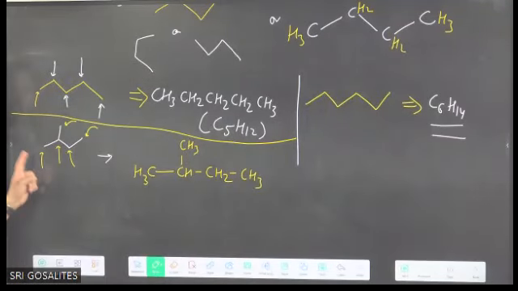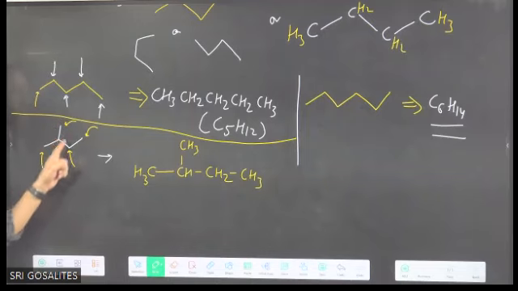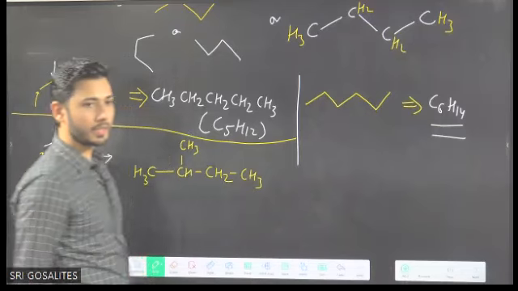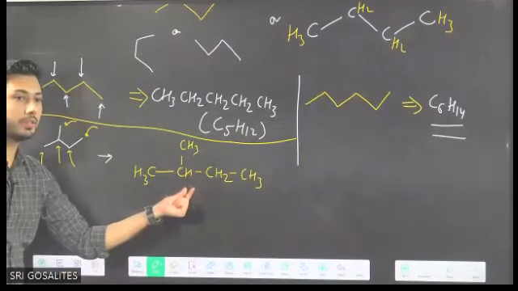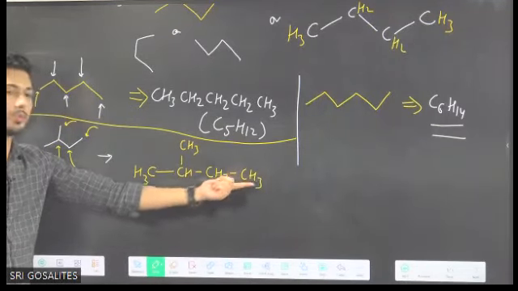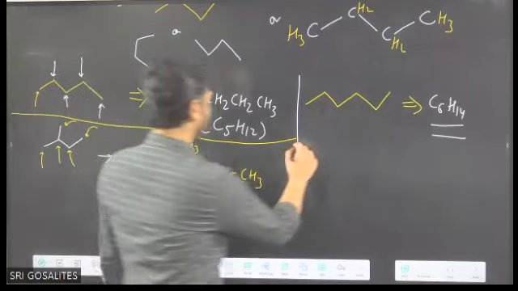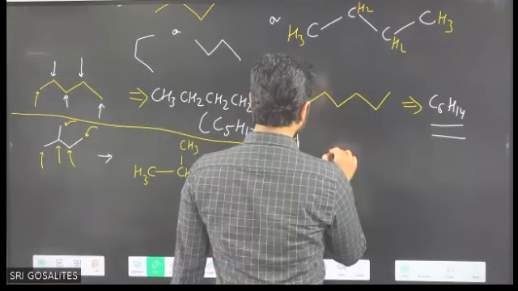Total 5. 1, 2, 3, 4, 5. Very good. CH3, CH, CH3, CH2, CH3. Correct it is.